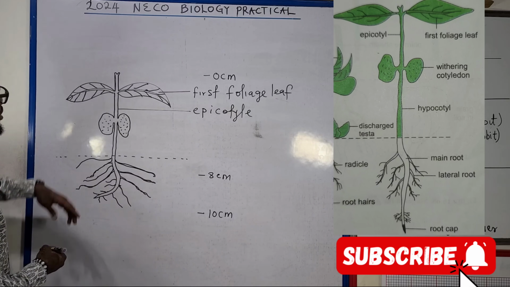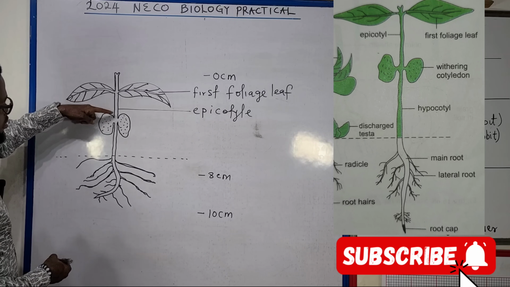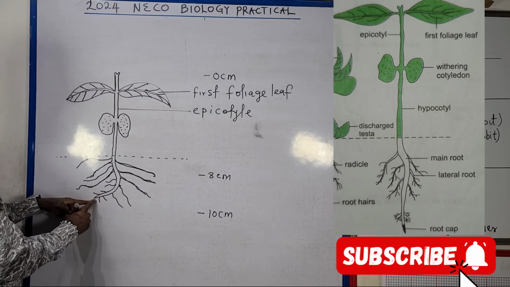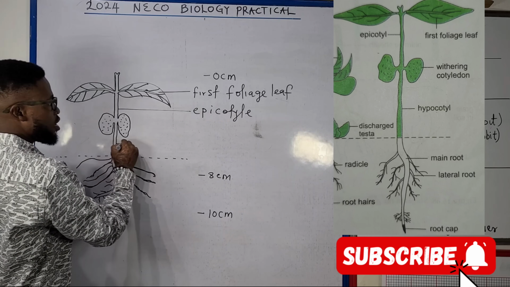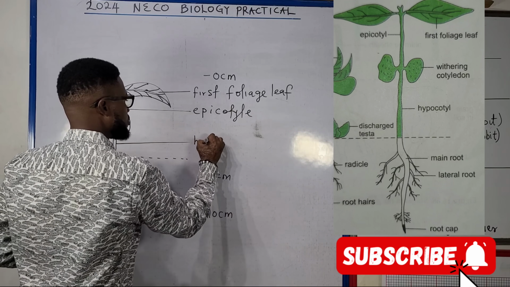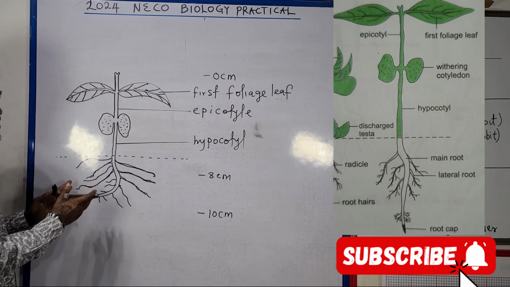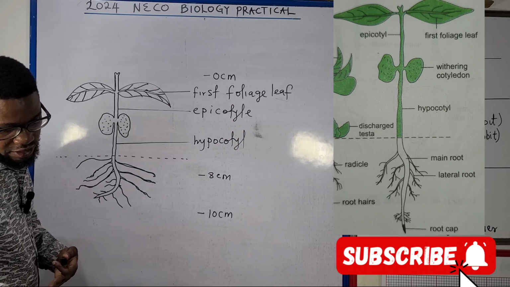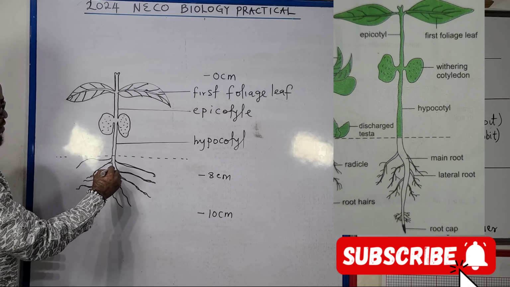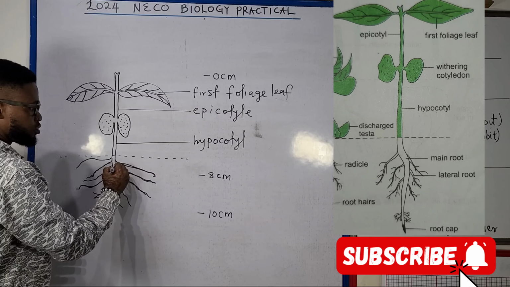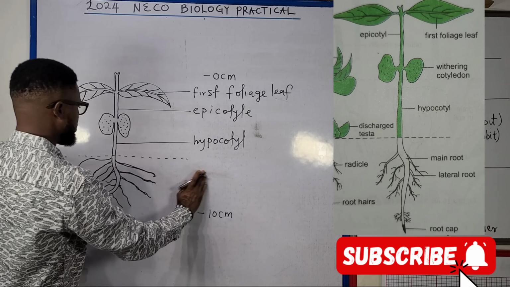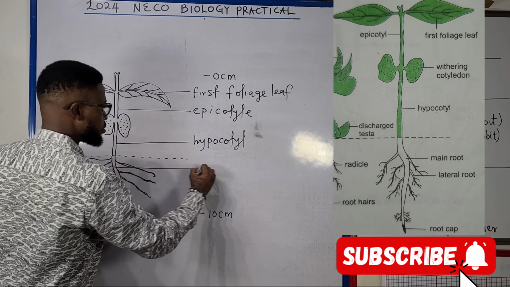Now, in between the epicotyl and the radicle, which is the root, is where you have your hypocotyl. And immediately after that, you then have the soil, and then you have the main roots. Yes, main roots. I can take this off now. You have the main roots.